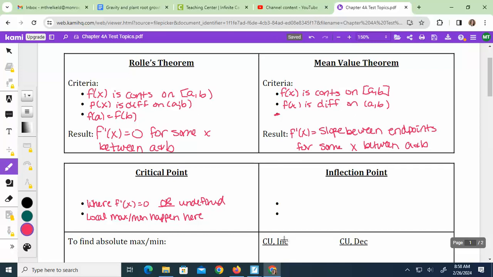How do we find inflection points? And those are the points where the concavity changes.